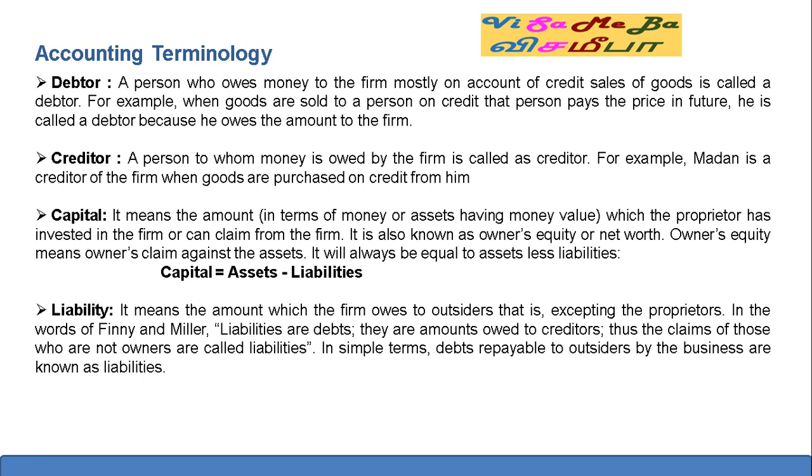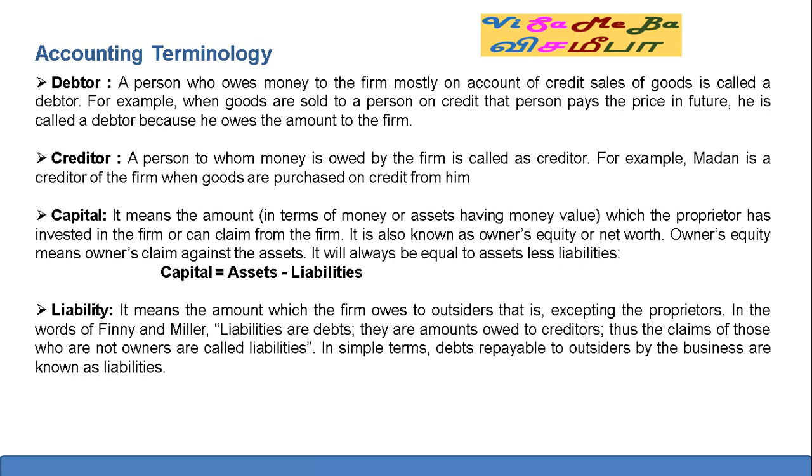Capital. The money or assets having money's value invested by the proprietor is known as capital, and capital is equal to assets minus liabilities. Now, what are liabilities?